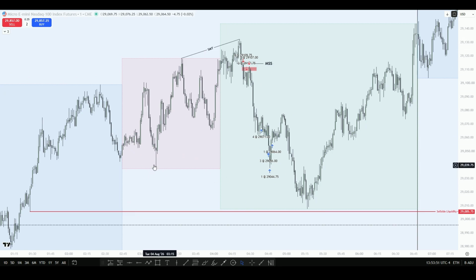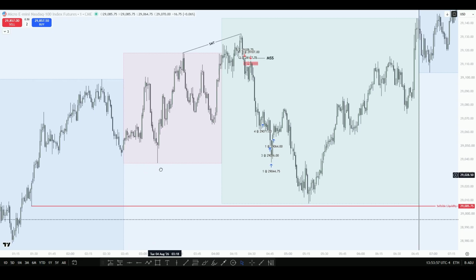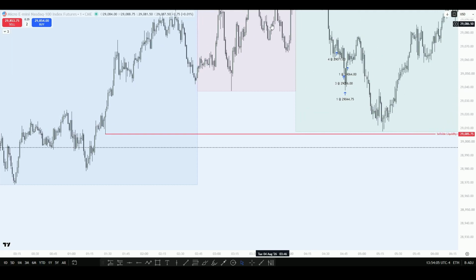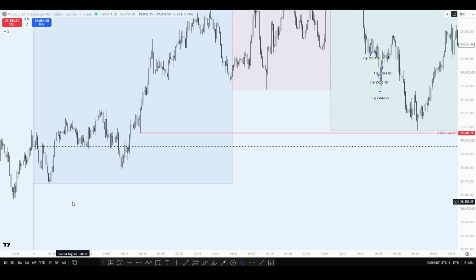So you have to pick your take profits or your targets very carefully. Okay, you don't want to shoot here because it's unlikely that we will deliver there. Okay, it's unlikely we will deliver there during the same cycle.